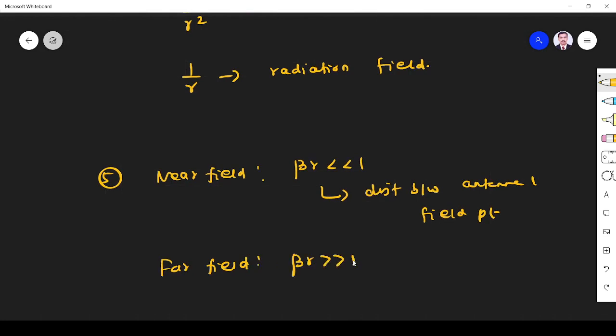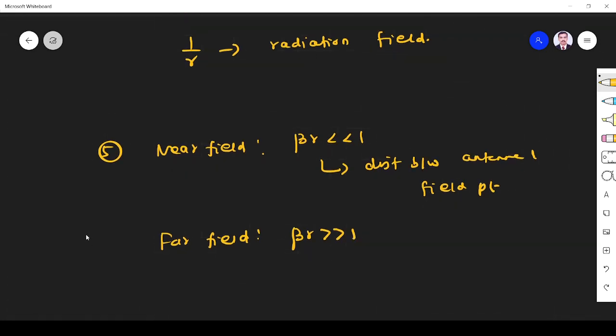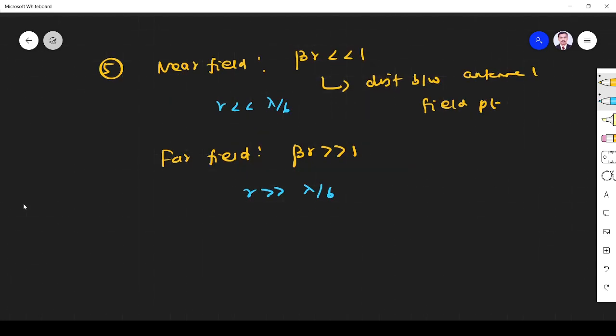Otherwise we can say r is less than lambda by 6 for near field, and r is far greater than lambda by 6 for far field.